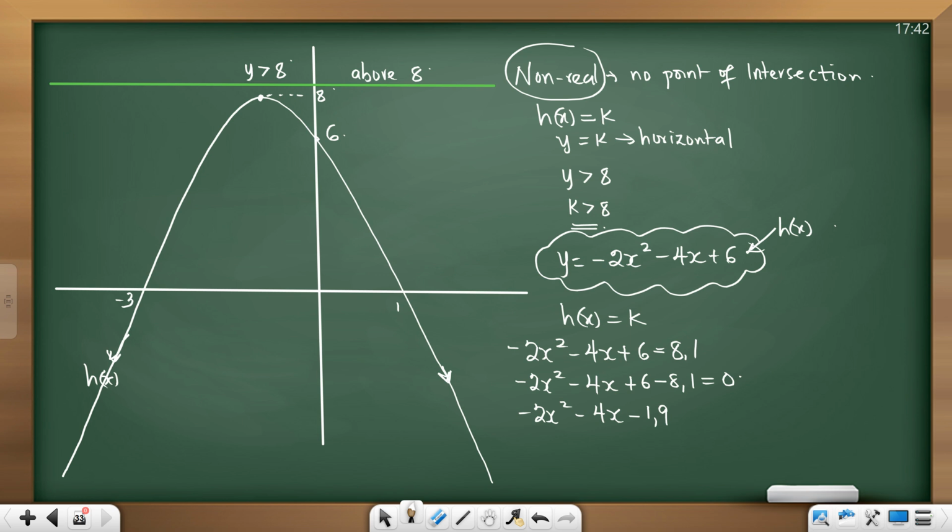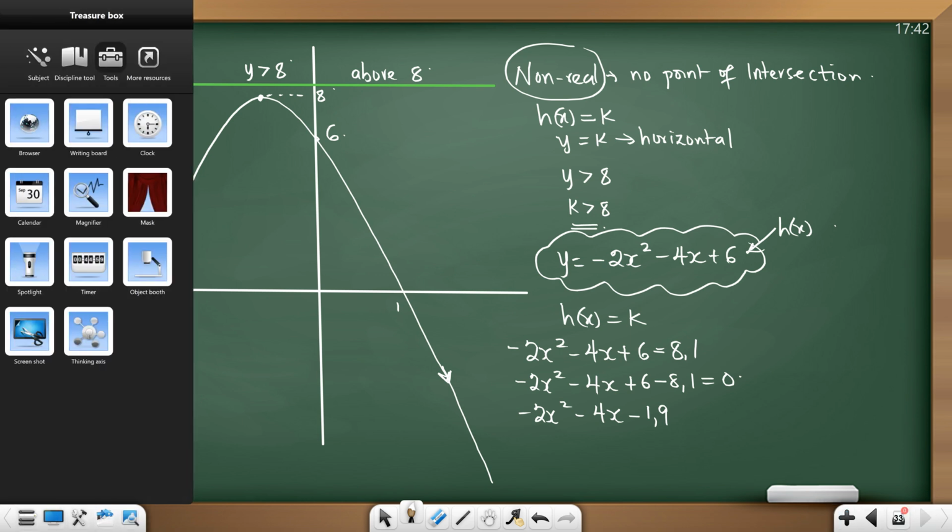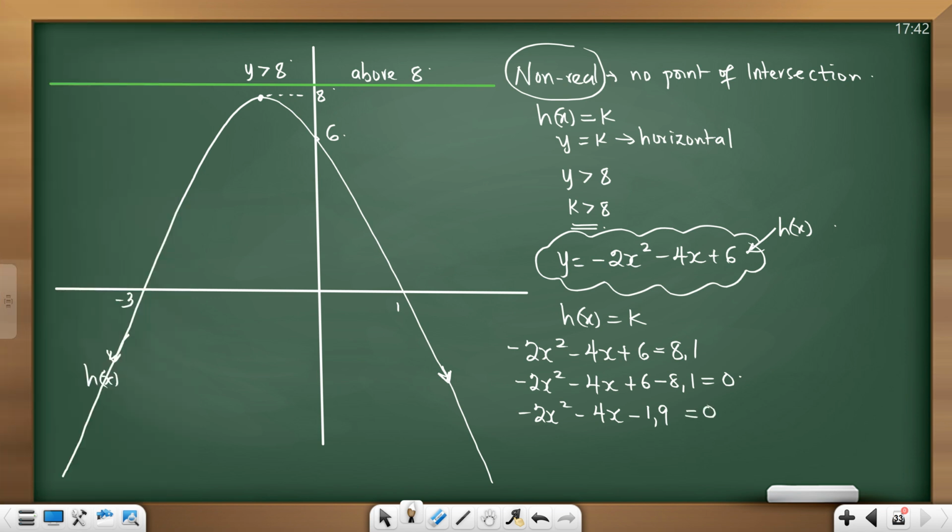Am I right? My head is tired now. Okay, equals what? 0. Let's solve for x here. We all know how to solve for x, right? Let's change the signs: 2x squared plus 4x.